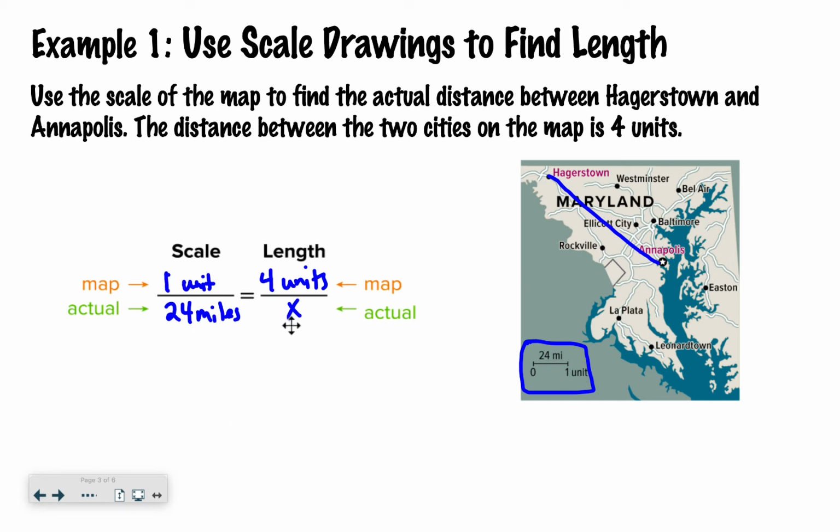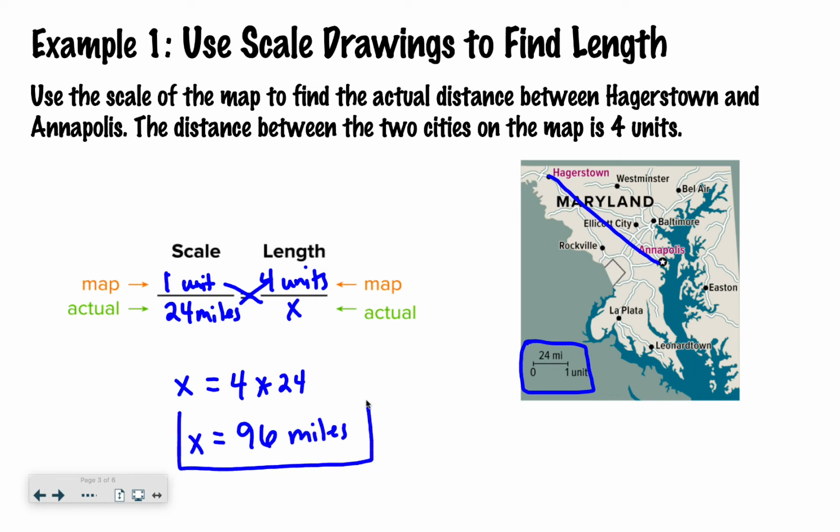So I do 1 times x, which is just x, equals 4 times 24. So x equals 96. Those two cities are 96 miles apart from each other. That's all I have to do for this problem.